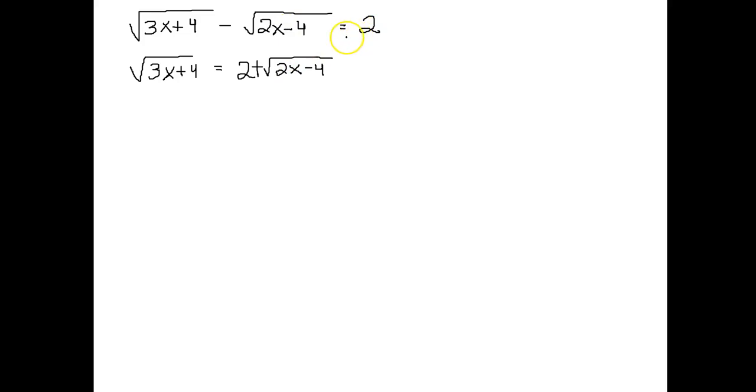So you have the 2 already over there, and now you're adding square root of 2x minus 4. And then that leaves square root of 3x plus 4 by itself. All right. Now, since it is a square root we want to eliminate, we're going to square both sides of the equation.